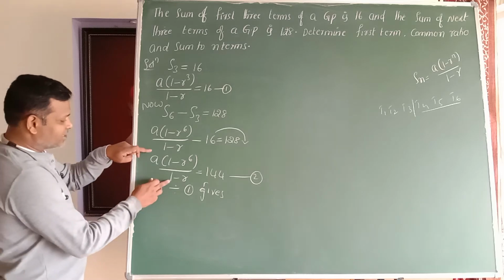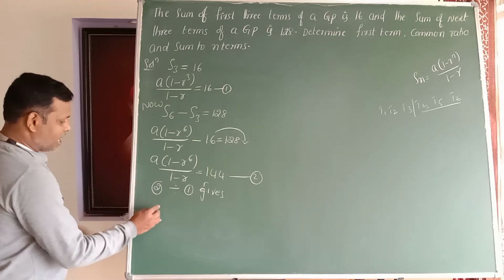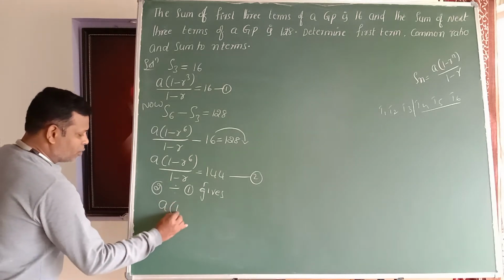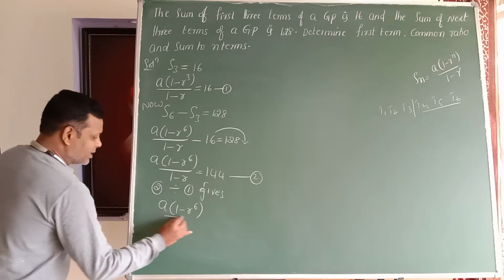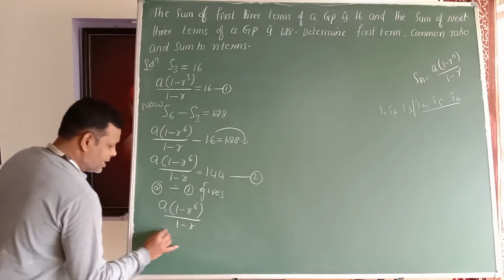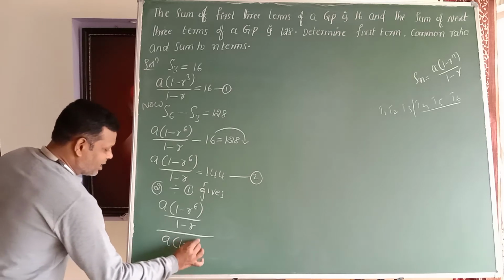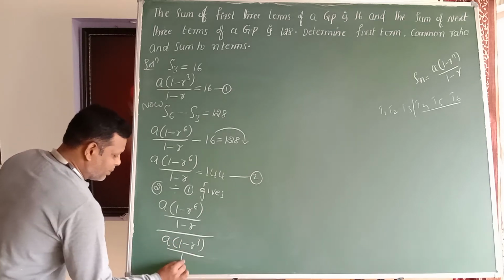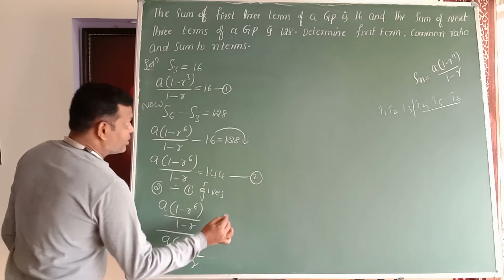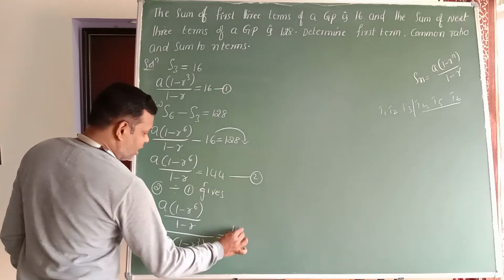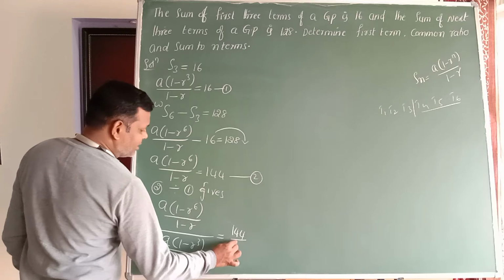In the LHS, we have A into 1 minus R power 6 divided by 1 minus R, divided by A into 1 minus R power 3 divided by 1 minus R, is equal to, in the RHS, 144 divided by 16.